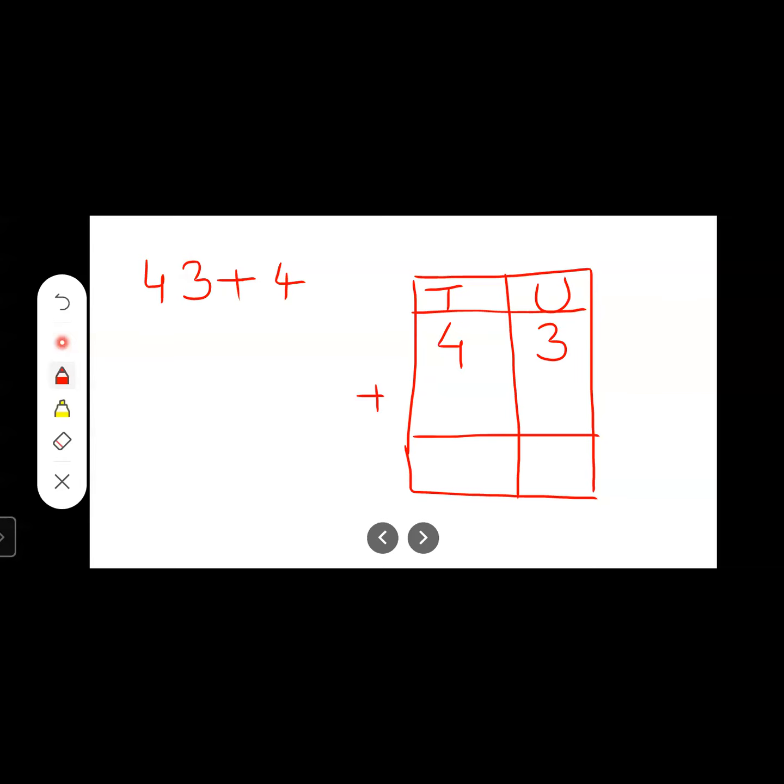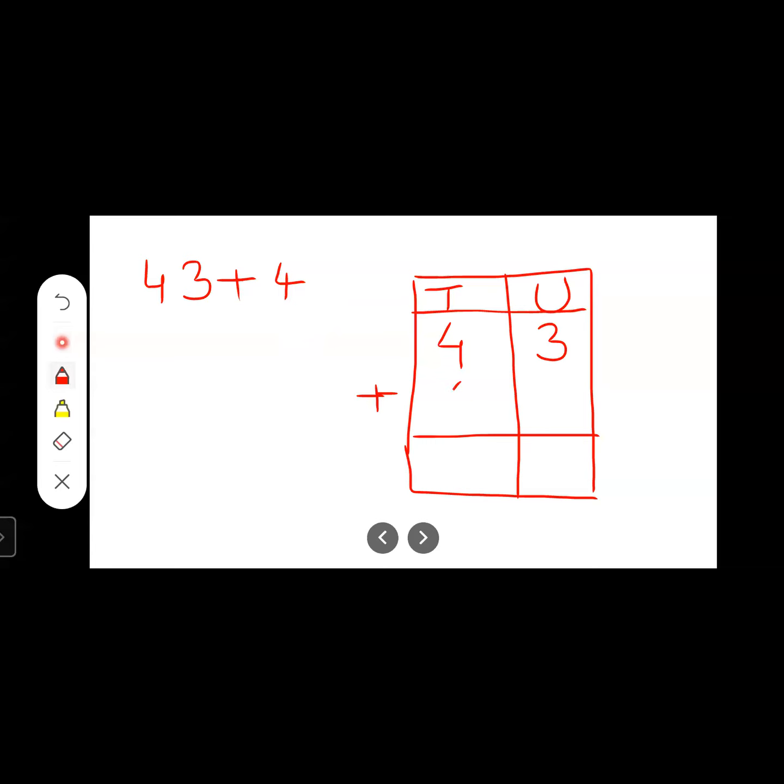Here addition sign. Now see children, here 4 is written, right? This is only a single digit number. So what is the place value of a single digit number? We have done it, na? Place value, second chapter, do you remember? Yes. Always the place value of a single digit number will be units place.